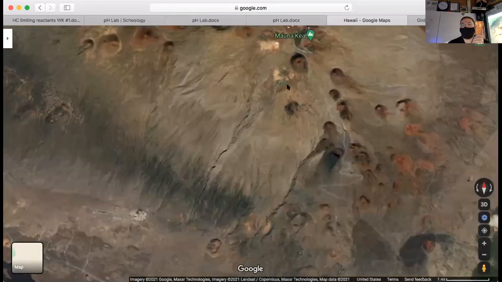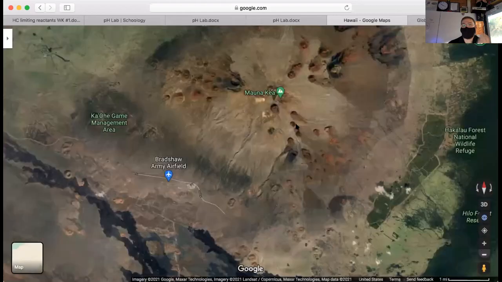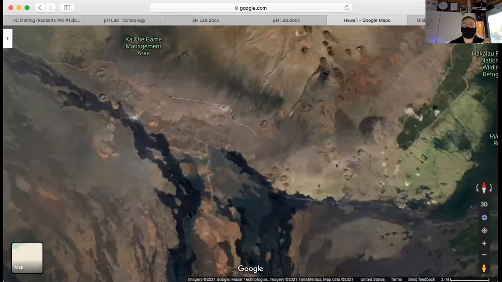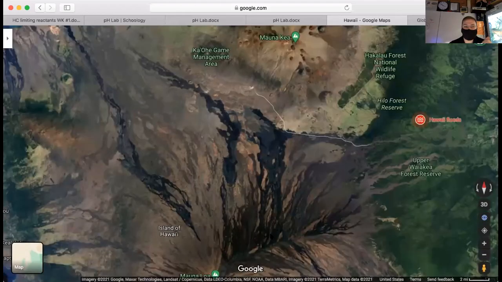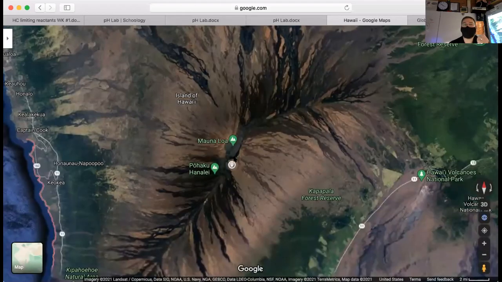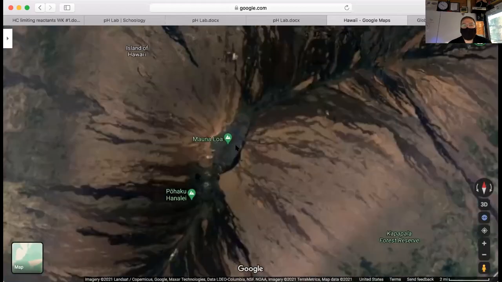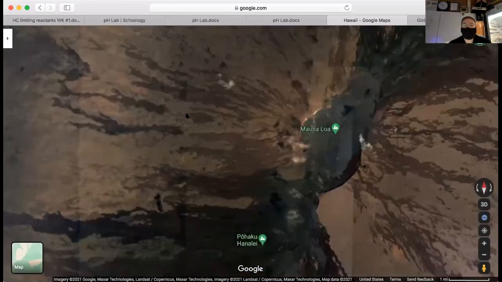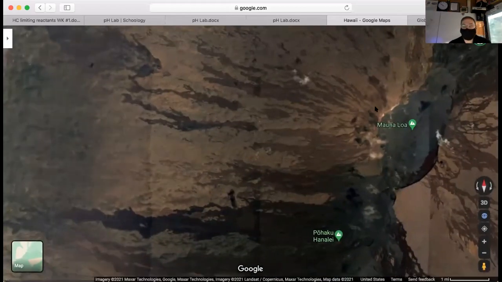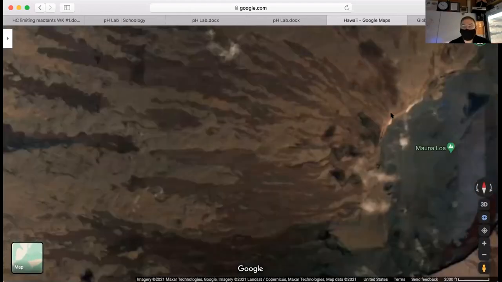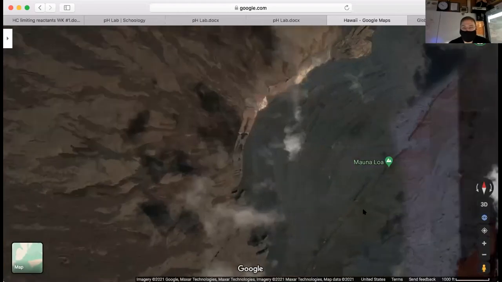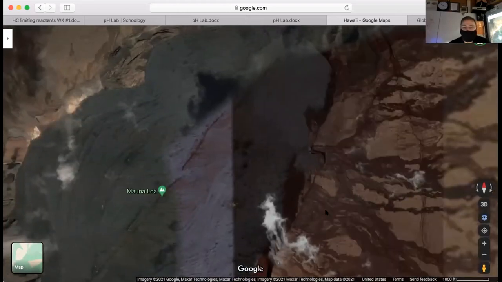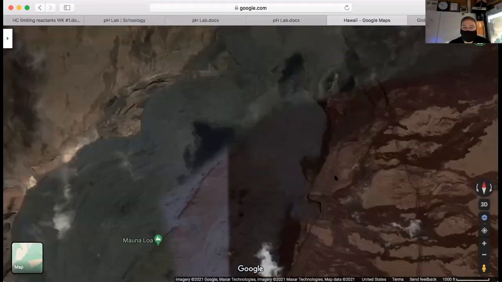But Mauna Kea is famous for the astronomical observatories. The other mountain, Mauna Loa, I just lost it here, has other laboratories. And Mauna Loa is at about the same elevation. Oh, this is being slow.